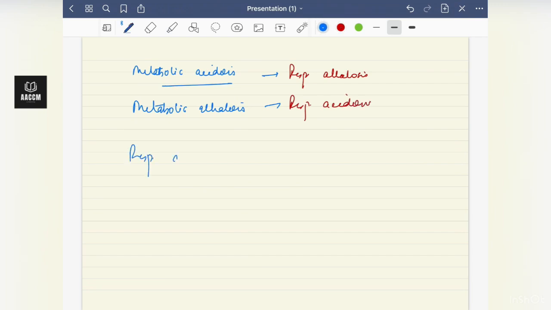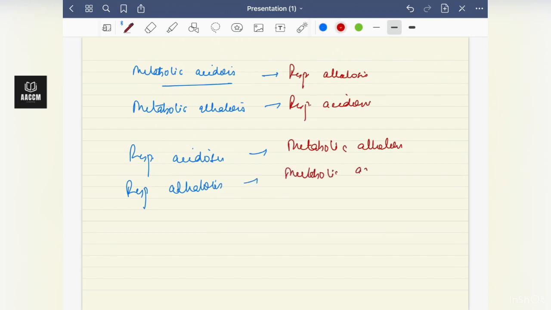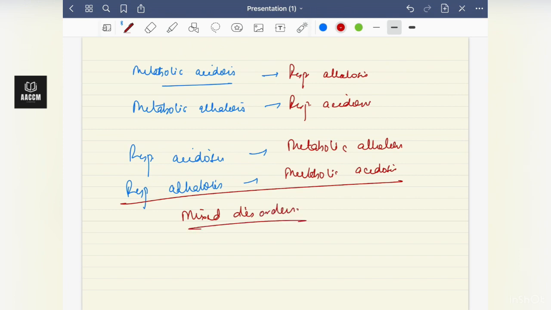For respiratory acidosis, the compensation will be metabolic alkalosis, and for respiratory alkalosis, the compensation will be metabolic acidosis. Again, we have to remember that there are mixed disorders also, which we'll deal with in a later class.